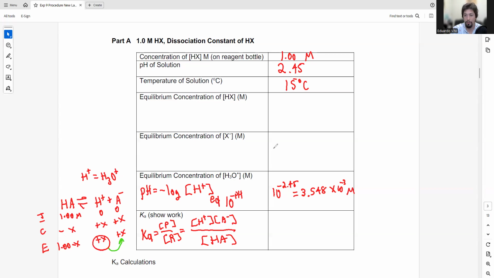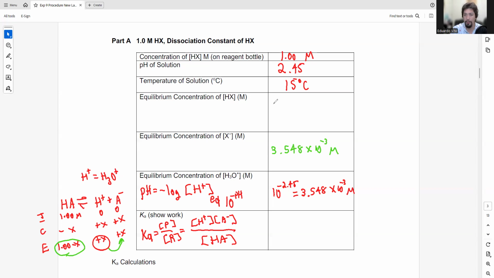So this is also going to be 3.548 times 10 to the negative 3. They are exactly the same because of the ice table, okay? And that means that to calculate the concentration of HX, we're just going to do what's in the ice table right over here: 1 minus x. We already know what x is, so just plug in the formula and solve for 1 minus x.